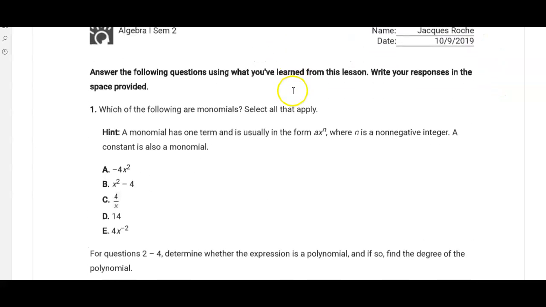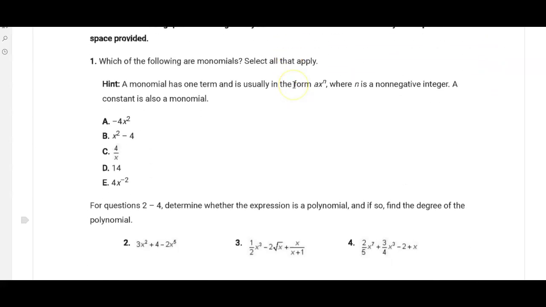Okay, so let's look at the checkup problems here. 1, which of the following are monomials? Select all that apply. Okay, so when I look at it, how many terms does this polynomial have? 1. So A is a monomial. B, right, if I look at B, that is 2 terms. So this is a binomial. So that is not a monomial.